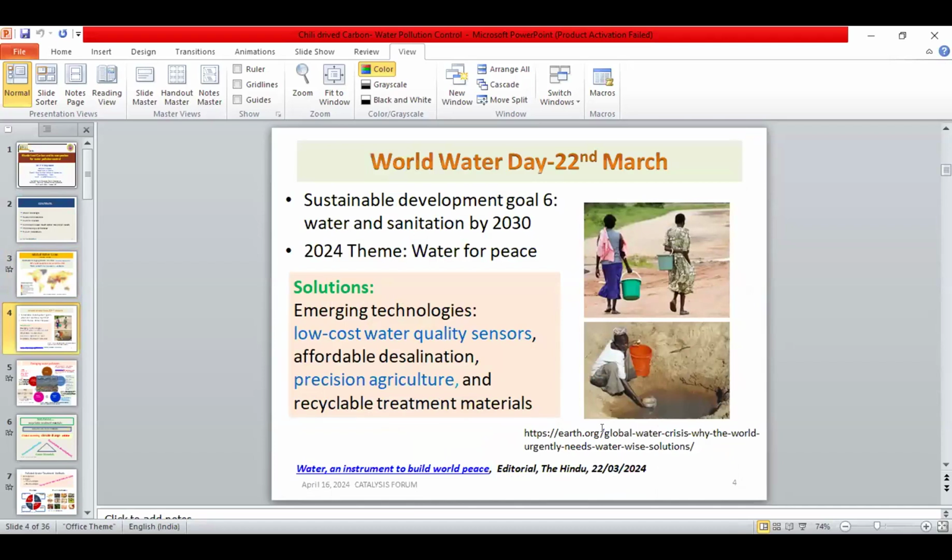We celebrate World Water Day every year on 22nd March, with the current goal of UN Sustainable Development on water and sanitation by 2030. This year, in 2024, the theme is water for peace, because in this water crisis there is an ecological disturbance across the globe.